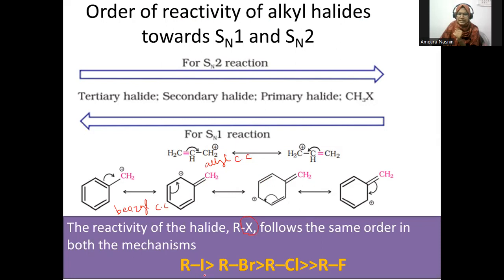We know that iodide ion is a really big ion, so the carbon-iodine bond length will be more, and the more the bond length, the weaker the bond. So it is easier to break the C-I bond than the C-Br bond. To break the C-Cl bond needs a little more energy, and the C-F bond is much more stable than the C-Cl bond, which is why the reactivity of RF is really low.